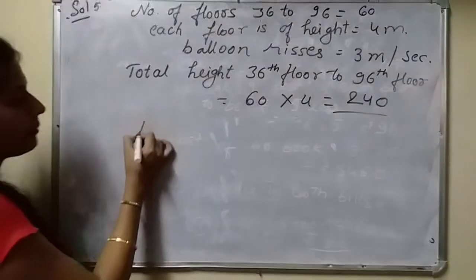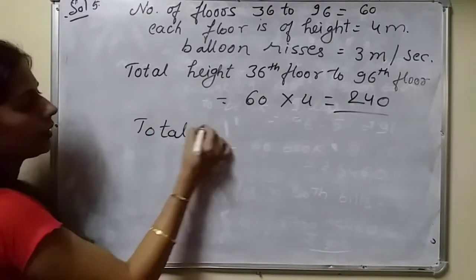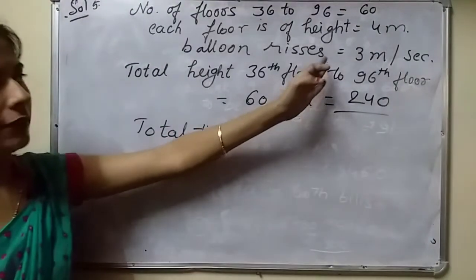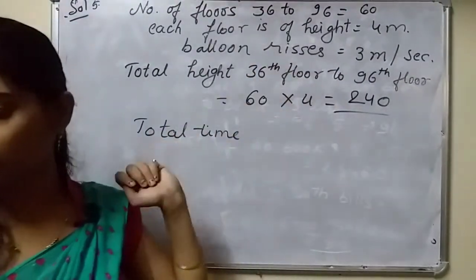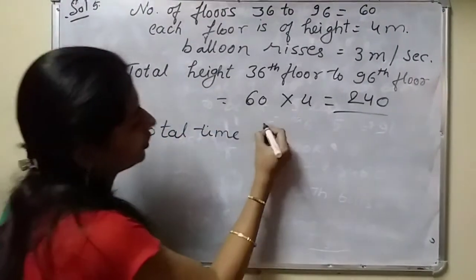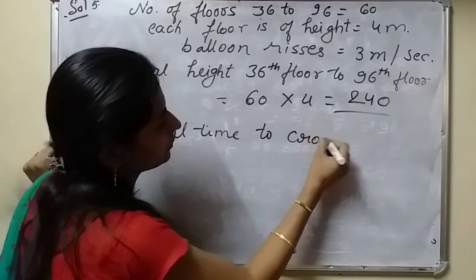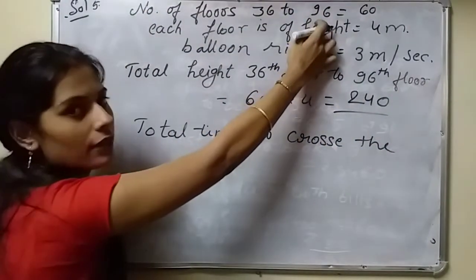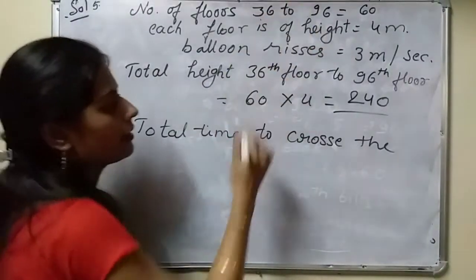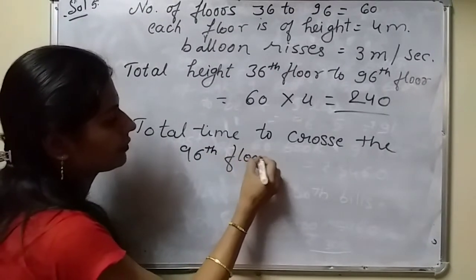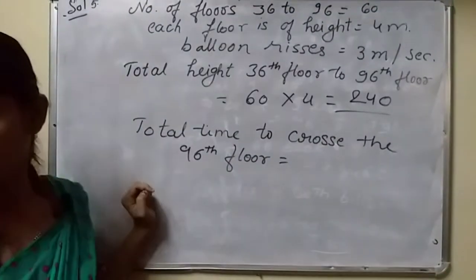Now total time. What is the total time taken by the balloon to cross the 96th floor, which is the last floor they are asking about?